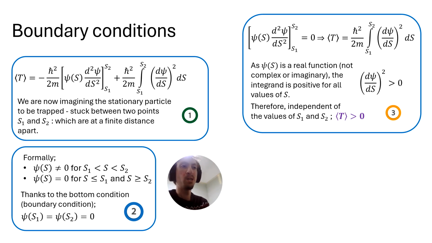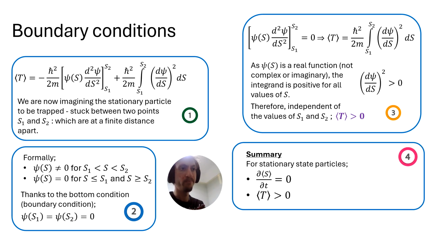It's not vanishing from existence, and therefore d psi by ds can't remain 0 across the entire region between S1 and S2. And therefore not only is the average kinetic energy non-negative, it is positive, it is bigger than zero. So that's just a technical note worth making for those of you wondering.